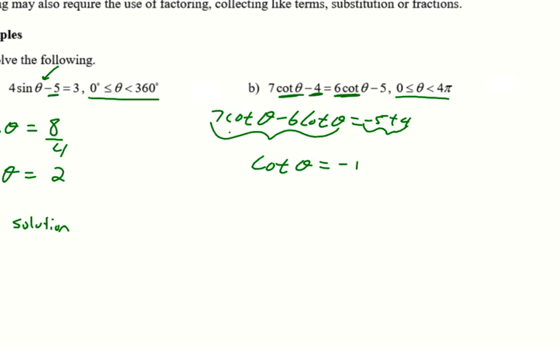Now, I'm not a big fan of looking at it as cotan theta because I don't really know what that means. I'd rather have tan theta. What I would do here is flip this upside down. Negative 1 over 1, so that's 1 over negative 1. In the end, it doesn't really matter, does it? It's equal to negative 1. So tan theta is equal to negative 1.